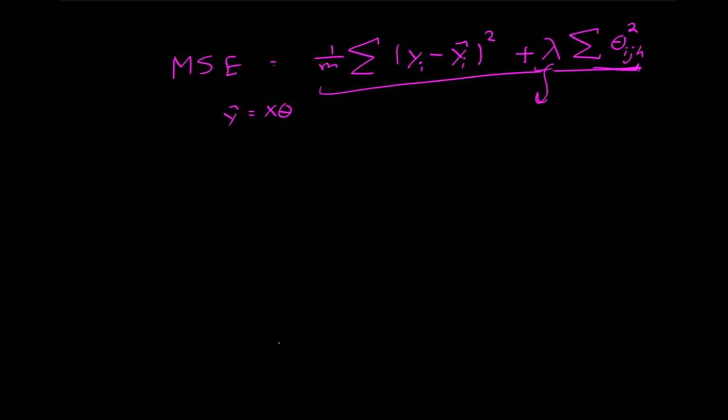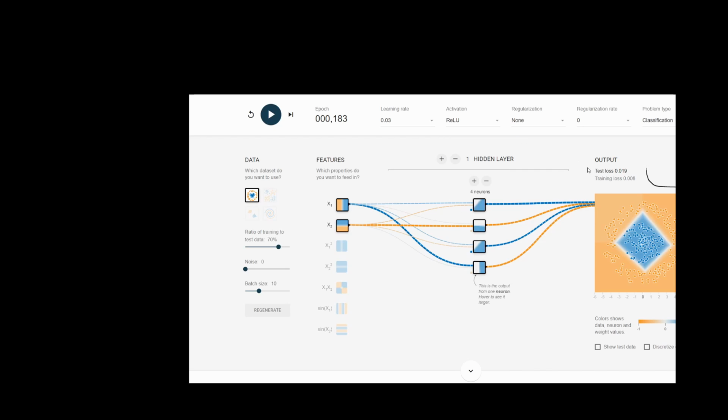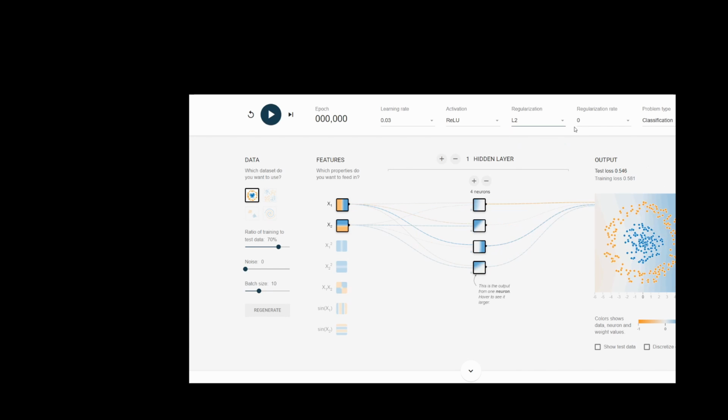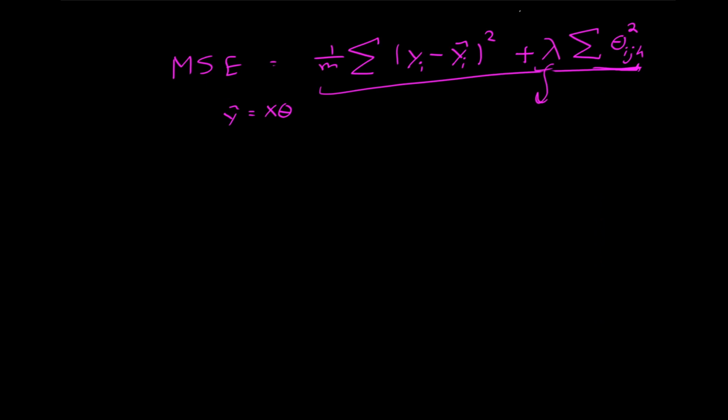And that's actually one of the options over here. If you want to use regularization, you can select a penalty. So this squaring the magnitude is an L2 penalty. You could also take the absolute value, and that's called an L1 penalty.